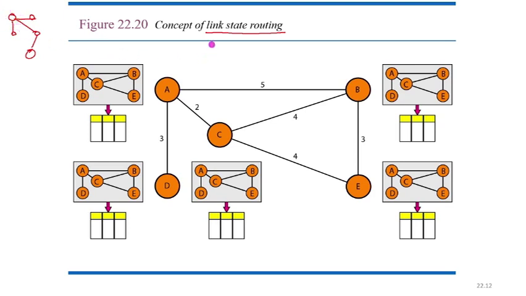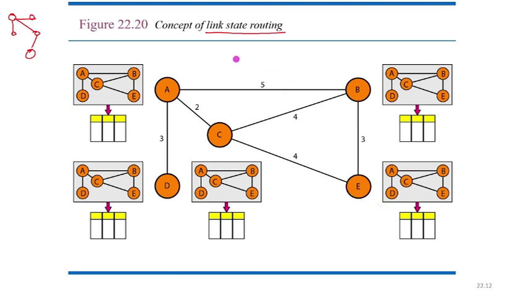But in link state routing, each router will be sharing its initial table not only with the neighbors, it will be sharing with each of the routers available in the network.